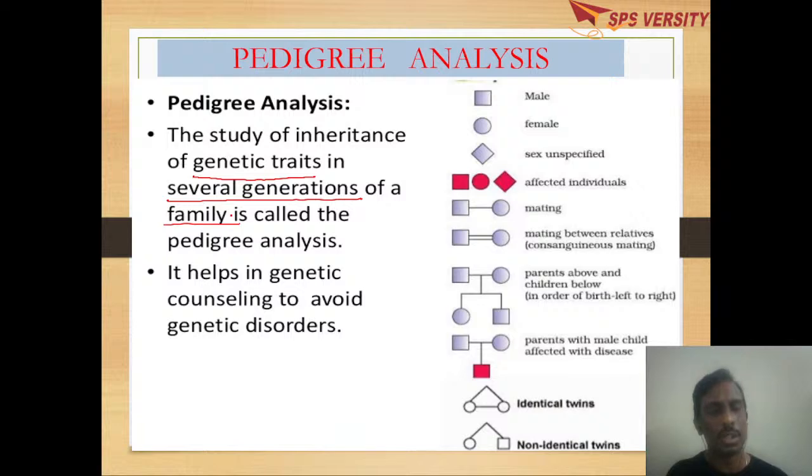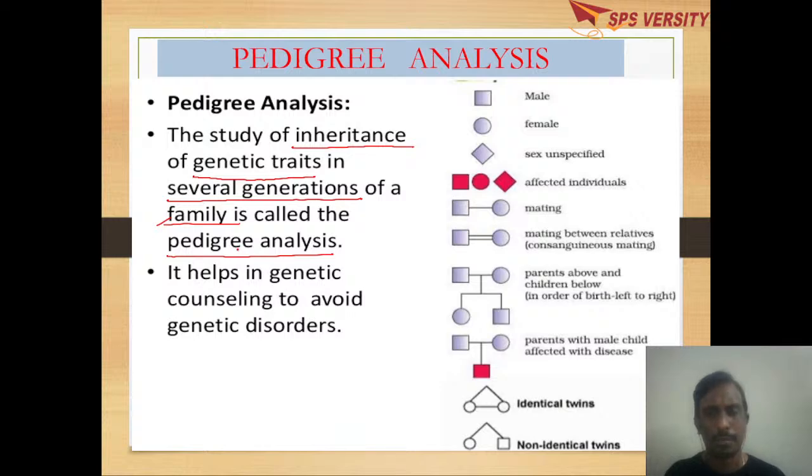You can take any trait, like color or height, in a family and its inheritance pattern. This study of inheritance of traits is called pedigree analysis. It is done in a specific family.